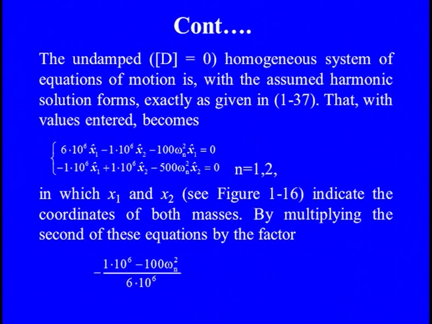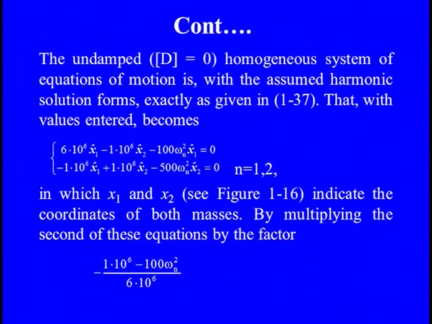Similarly, we can keep 1 into 10 to the power 6 into x1 plus the other terms, the stiffness term k2 and the mass 500, and making it equal to 0, we can calculate the mode shapes in terms of the displacements x1 and x2, which indicates how the masses are being deviated.